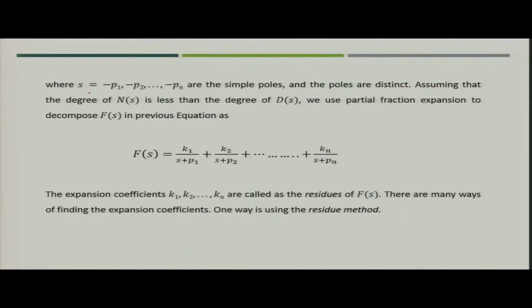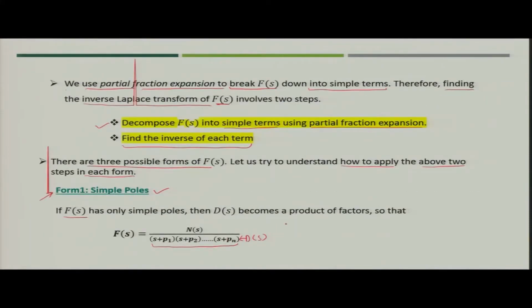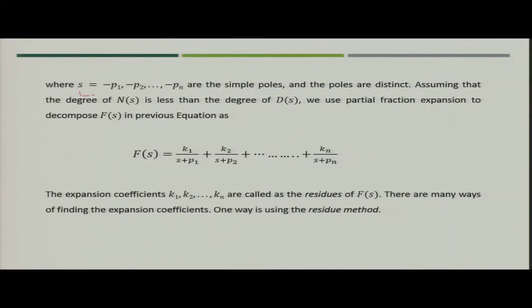Now, what are p1, p2 and pn? These are the simple poles of the Laplace transform function. These poles are distinct.